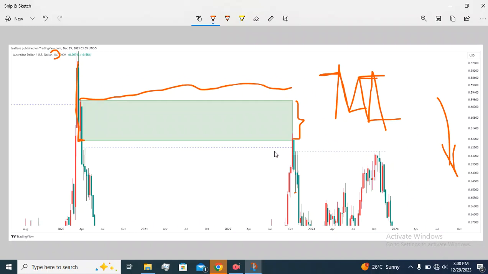Once the liquidity is swept, it means the defenders have been beaten. The other team has overpowered the opponent's defenders, right?